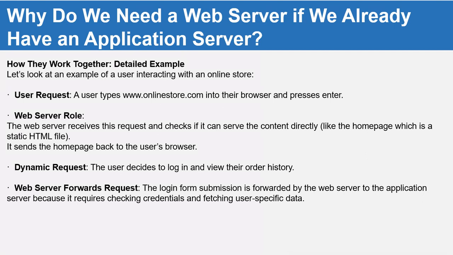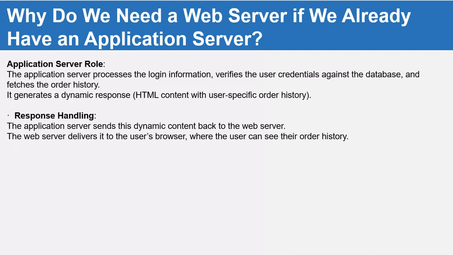The user decides to log in and view their order history. The login form submission is forwarded by the web server to the application server because it requires checking credentials and fetching user-specific data. So see, here the request becomes complex because it requires dynamic processing.